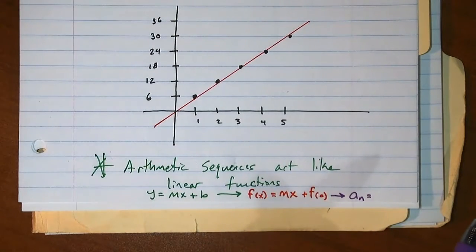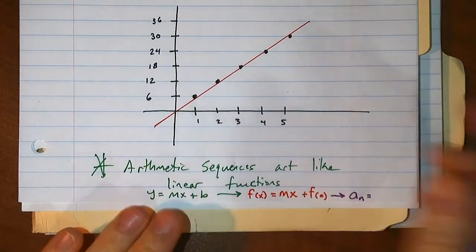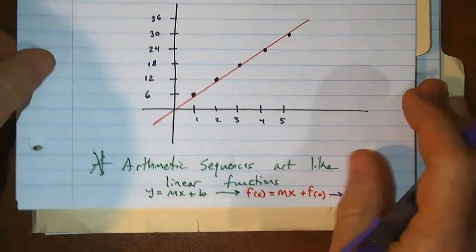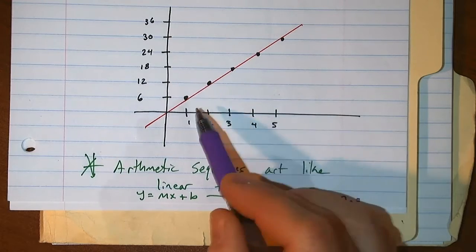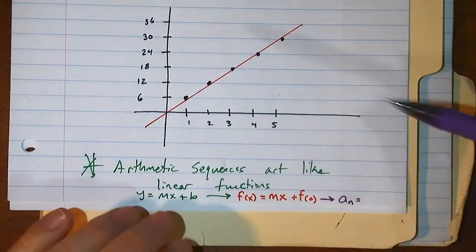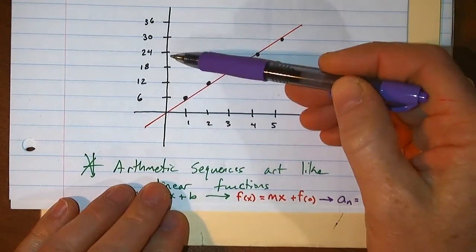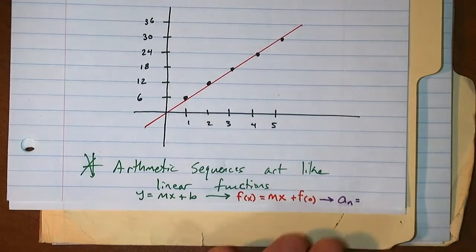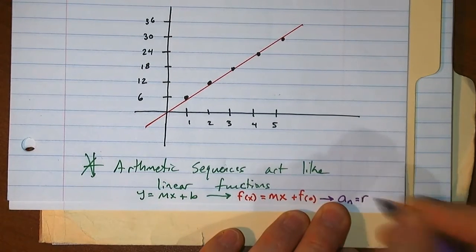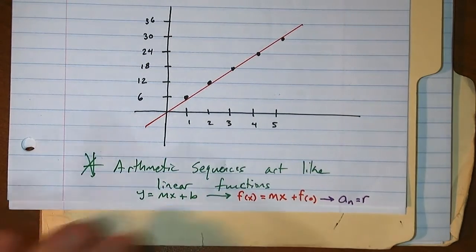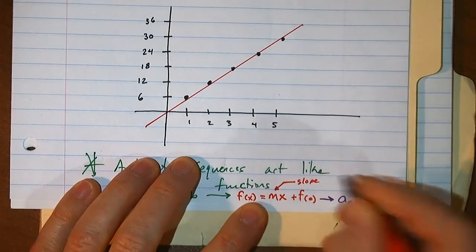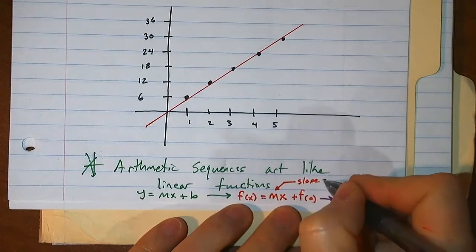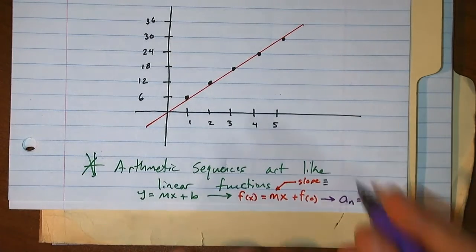So if my run is always 1, we do change what we call it. We don't call it slope because it's not rise over run. We call it the rate of change. Okay, how fast does y change when x changes by 1? Or more correctly, how much does the term change when I go to the next term? So we call that rate of change, and we use an r. Okay, so the m is slope, but that's the same as rate of change.